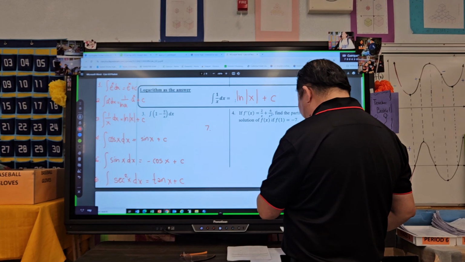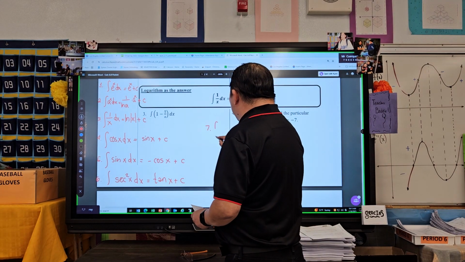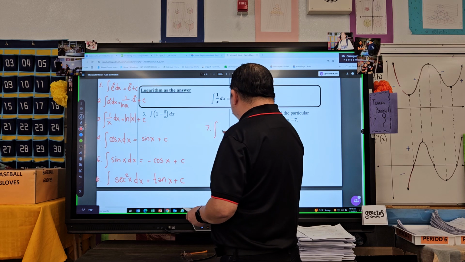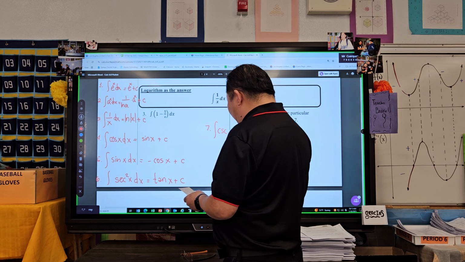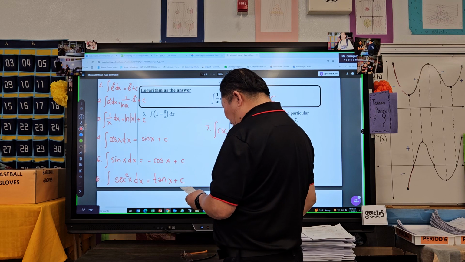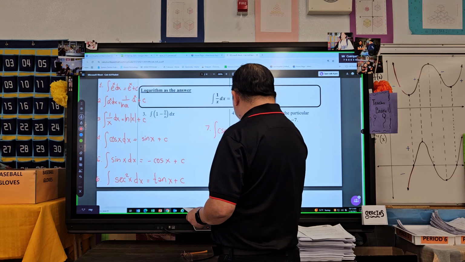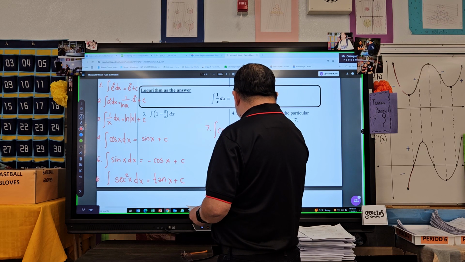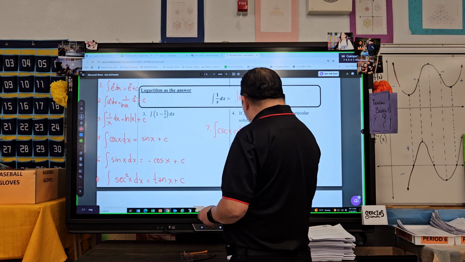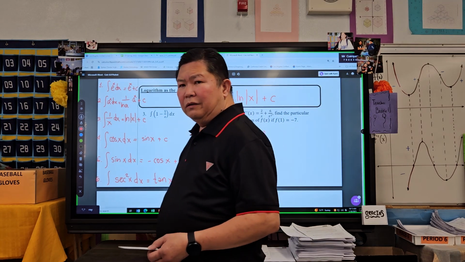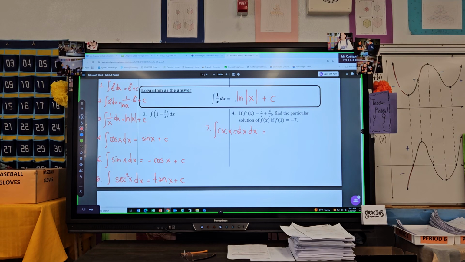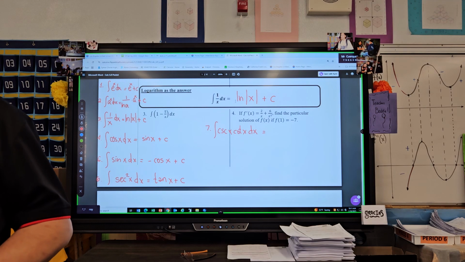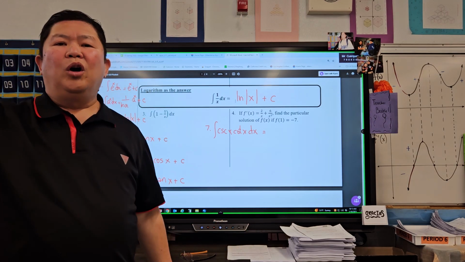Formula number 7 would be the integral of cosecant x cotangent x dx. Can you still recall that cosecant is letter C? Can you still remember what I said last time?